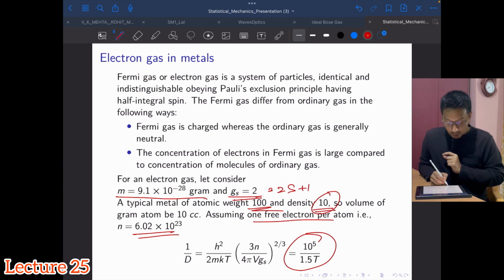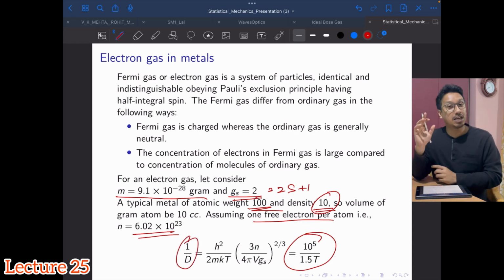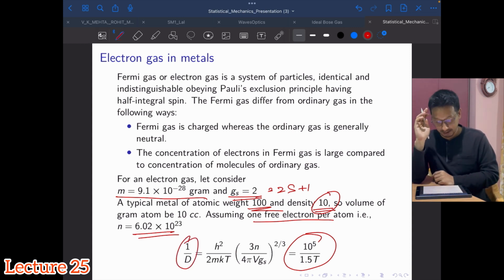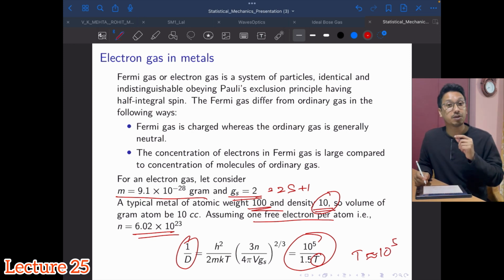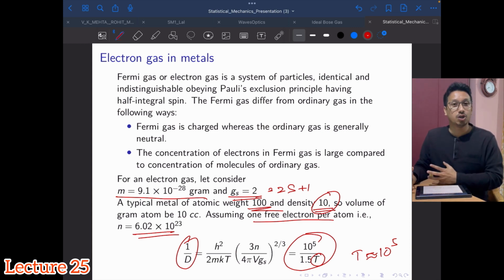See, this 1 by D is an absolutely large number, 10 to the power 5. Unless you have T comparable to 10 to the power 5, you cannot apply classical statistics to describe electrons, isn't it? Because the degeneracy is so high.